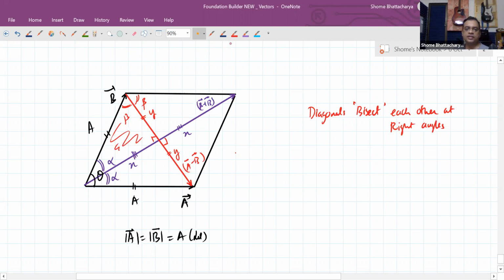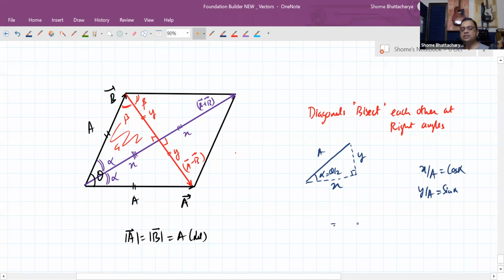So now just concentrate on any one of these four triangles. Trigonometrically in that triangle you can see this side is a, this side is y, this side is x, and this angle is alpha, where alpha is theta by 2. So you can see that x by a is cos alpha and y by a is sin alpha.